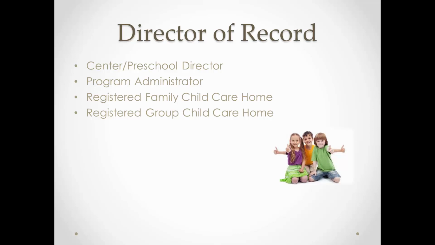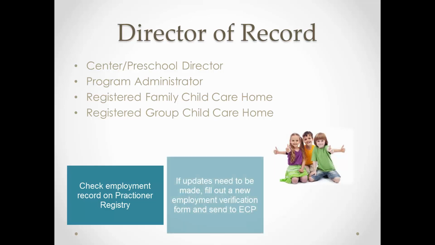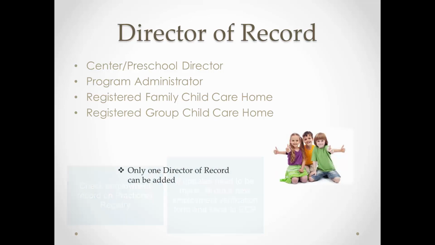If the system gives you a message stating that you may not be added as a Director of Record, make sure you check your employment record on the Practitioner Registry. If you find that you need to update your information on the Practitioner Registry in order to be added as the Director of Record, you must fill out a new employment verification form and send it to the Early Childhood Project. Only one Director of Record can be added.